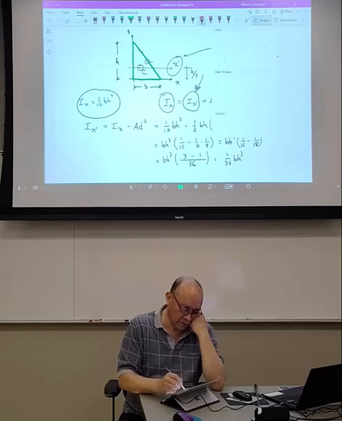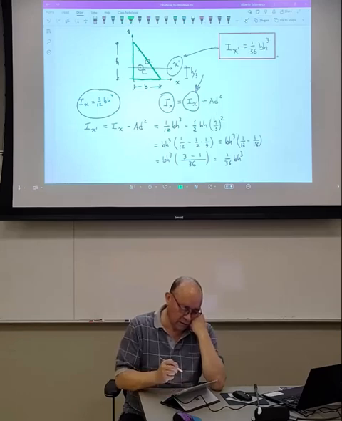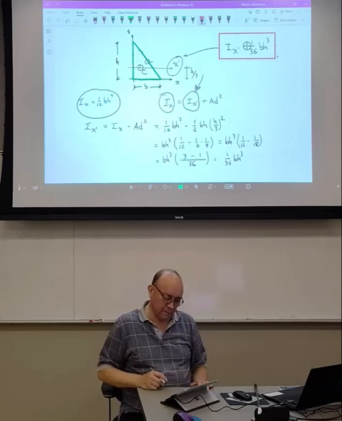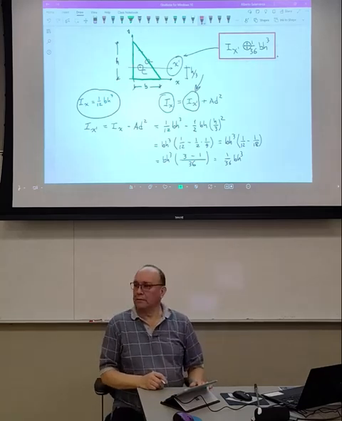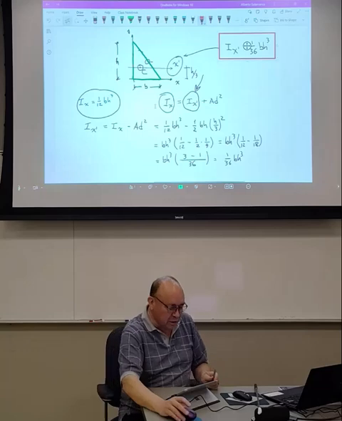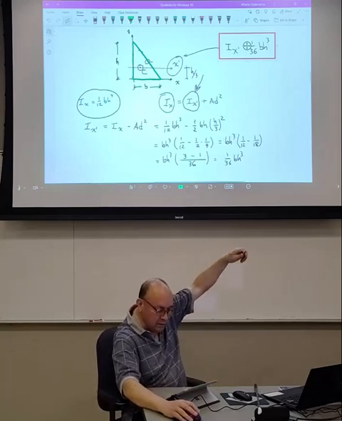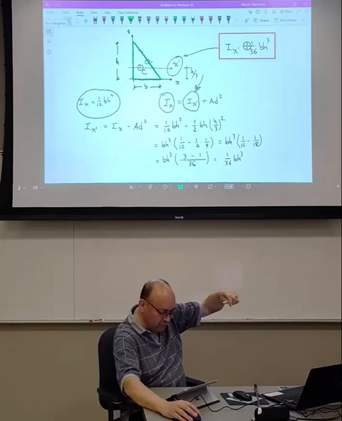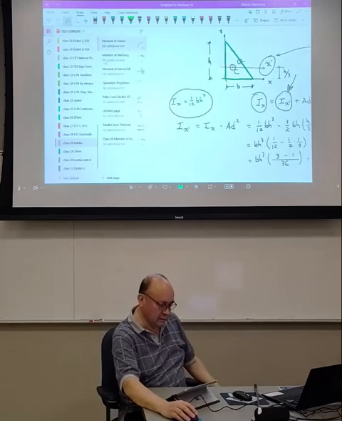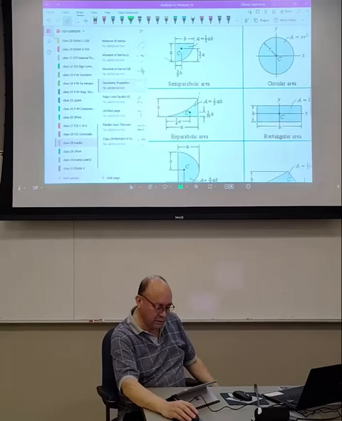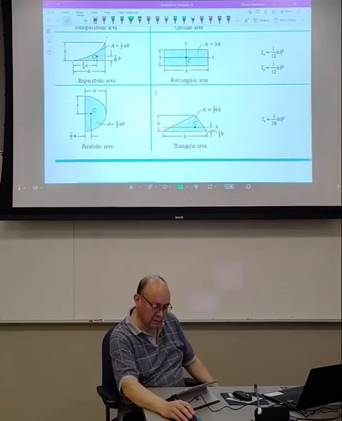Let's check if this table has that value. Remember, 1 over 36 for the centroidal, 1 over 12 for the side. Let's see if it has a triangle here.